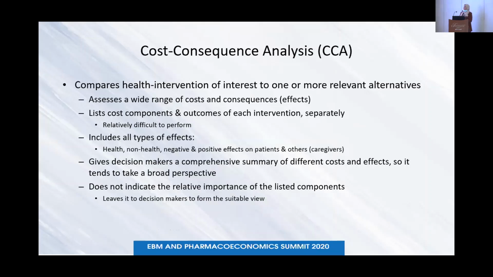Coming to another type, which is the cost consequence analysis. Here we would say it's same, comparing the health intervention with another alternatives. It takes in consideration the list of each alternative separately. So it would include all cost for all options and all outcomes for all options.